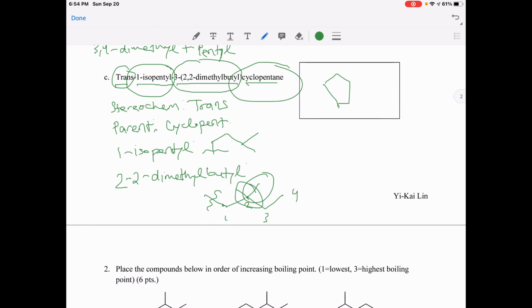But for isopentyl, I will say that this will have a wedge. So we can draw a wedge between the carbon of the cyclopentane main chain and the first carbon of the isopentyl.